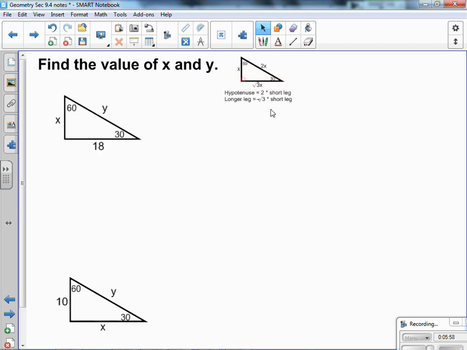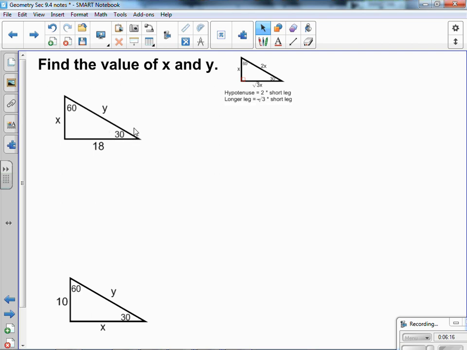Now for a 30-60-90. This one we are given the longest leg, and we're trying to solve for the short leg and the hypotenuse.